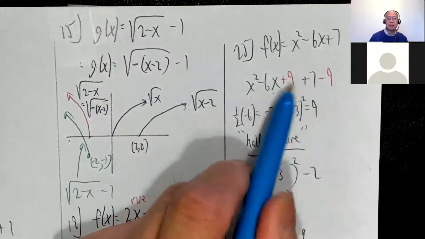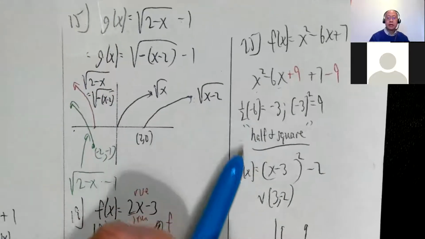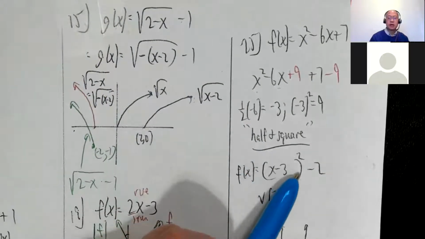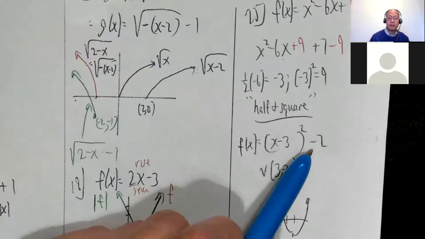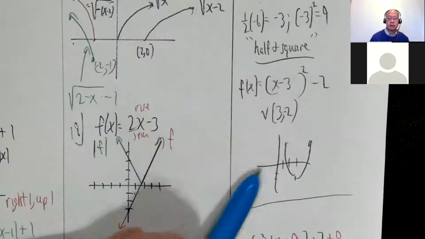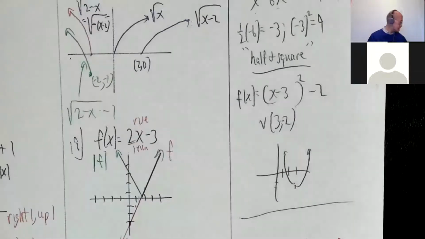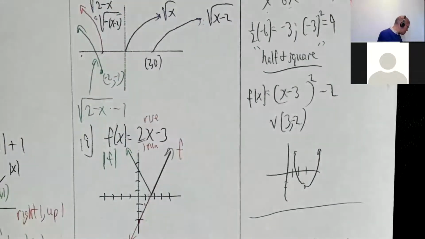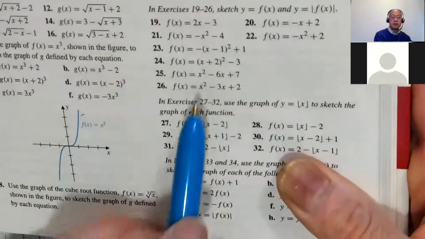So you add 9 and subtract 9 at the same time. That gives me x minus 3 squared minus 2. So the vertex is at (3, -2), because it's a translation of 3 to the right and 2 down. So that was problem 25.